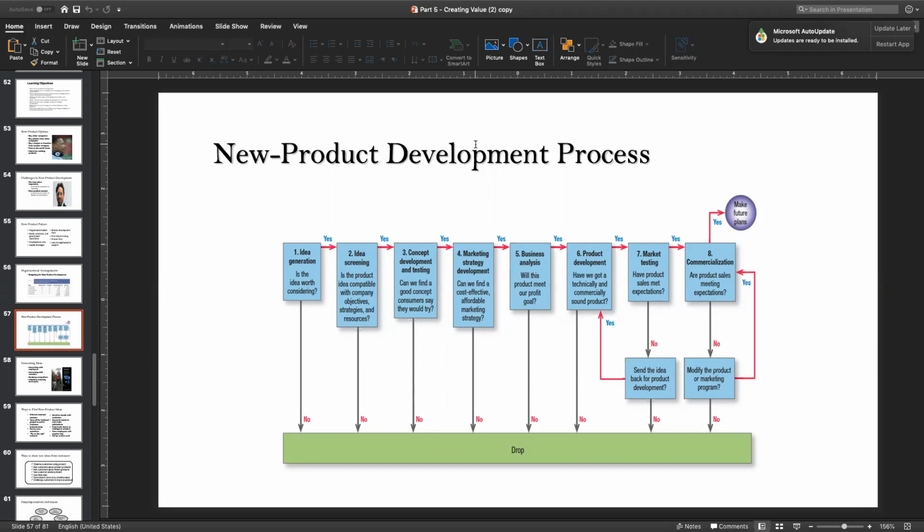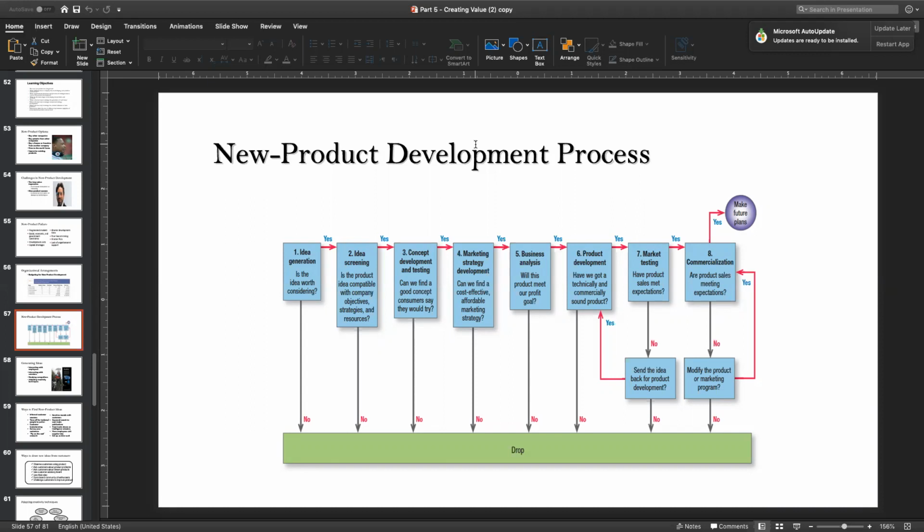Now, what is the first step? The first step is idea generation. This is where the new product team sits together and discusses, hey, where are the ideas coming from? Are they from salespeople, customer service, customers, every other resource they can find?